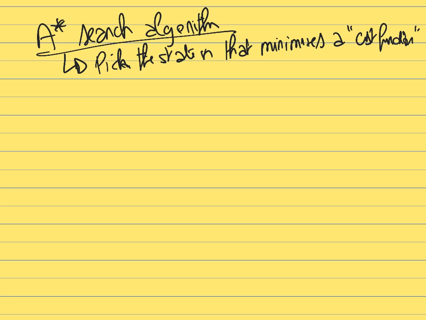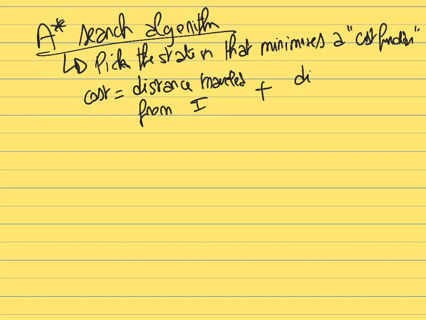And this cost function is equal to the sum of two distances: first, the distance that has been traveled from the initial state I, plus the distance to the goal. So it combines those two pieces of information.